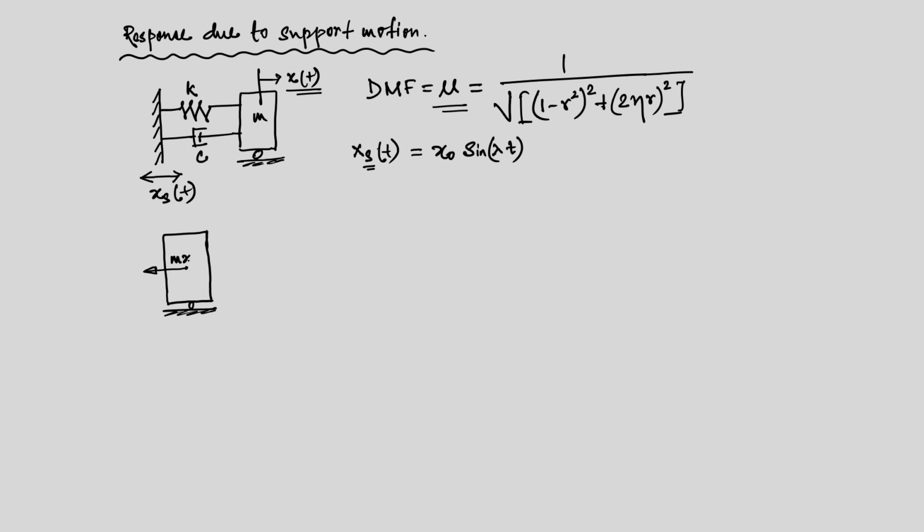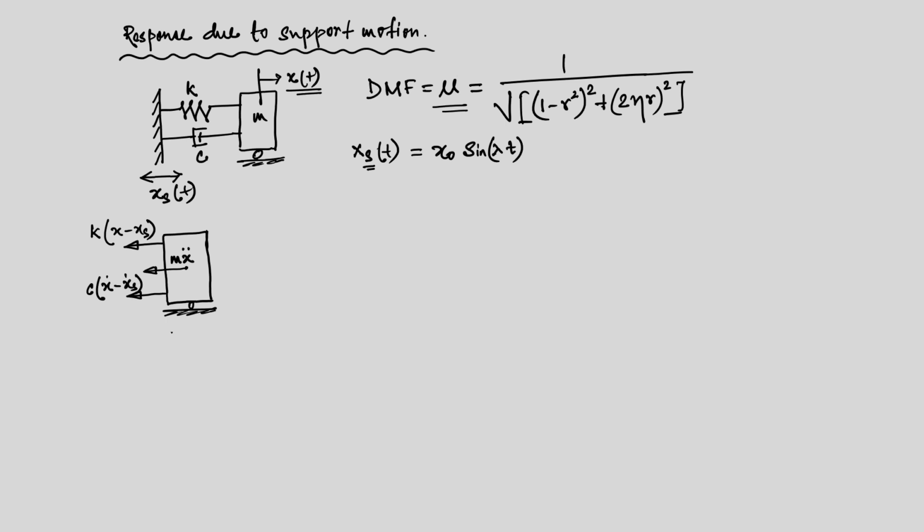M x double dot. There will be a spring force and a damping force. The spring force is x minus x s, that is the net deformation, multiplied by the stiffness k. Similarly, the damping force is c times x dot minus x s dot.